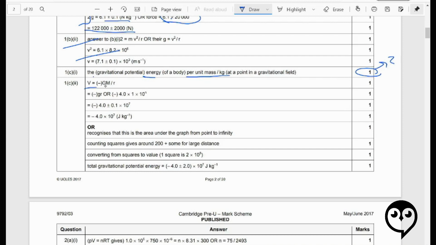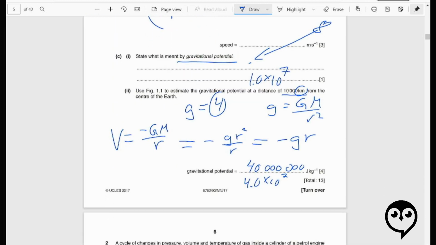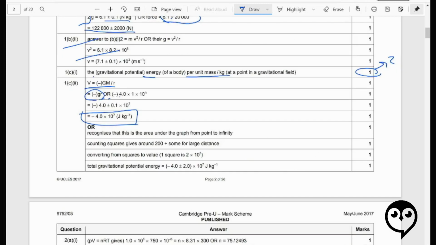And we had our potential. We subbed in, we got g r in the end, didn't we? And it all worked out. Oh, should it be negative? Yeah, it should be negative. It doesn't look to me like they penalize for not having that. Another way you could be marked for this is, do you recognize it's the area under the graph from the point to infinity? Interesting.